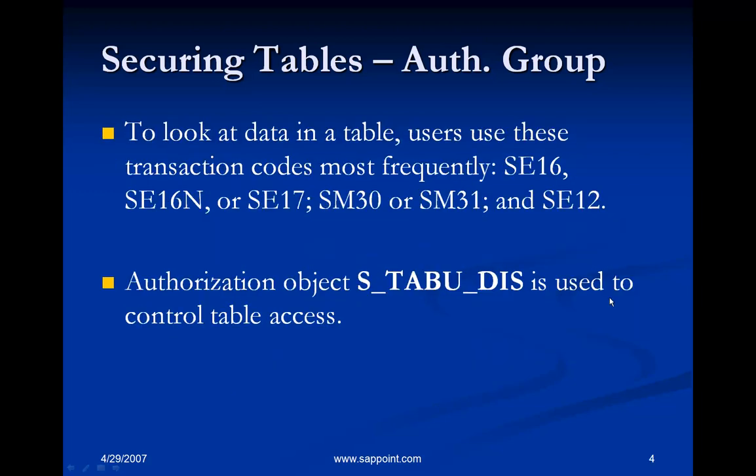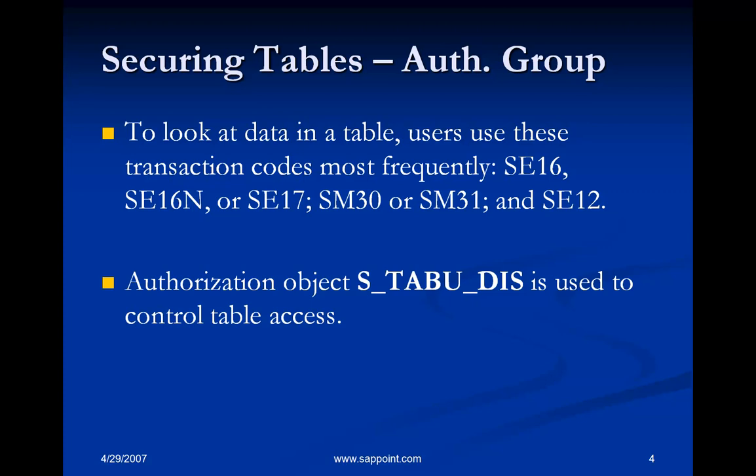To look at the data in the table, users use transaction codes such as SE16, SE16N, SE17, SM30, SM31, SE12, SE11. Out of these transactions, SE16 and SM30 are the most widely requested transaction codes.